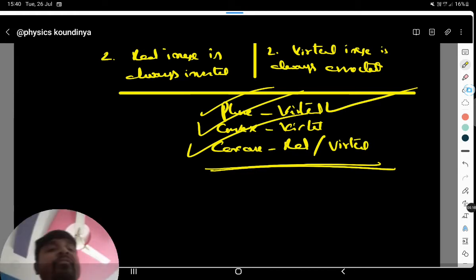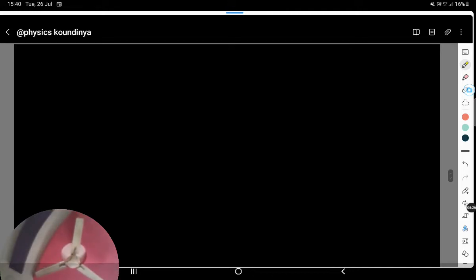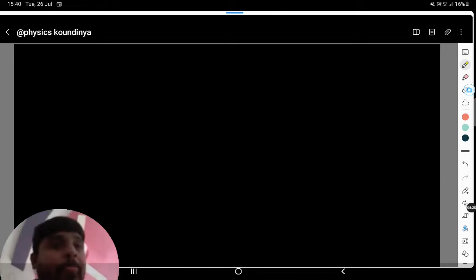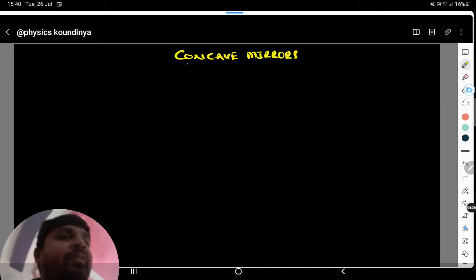Now we are going to see how to draw the ray diagrams for the spherical mirrors. First of all, we are going to discuss concave mirrors, how to draw the ray diagrams for the concave mirrors.